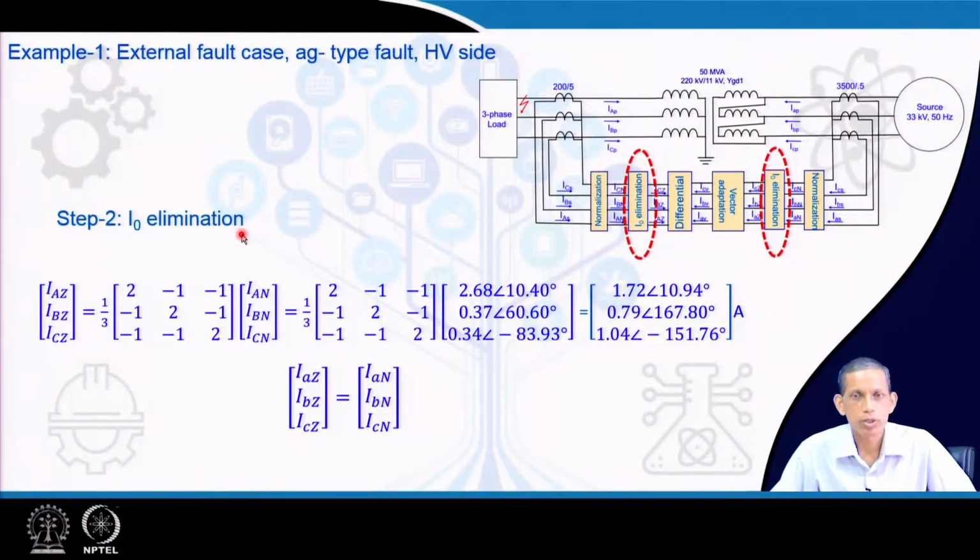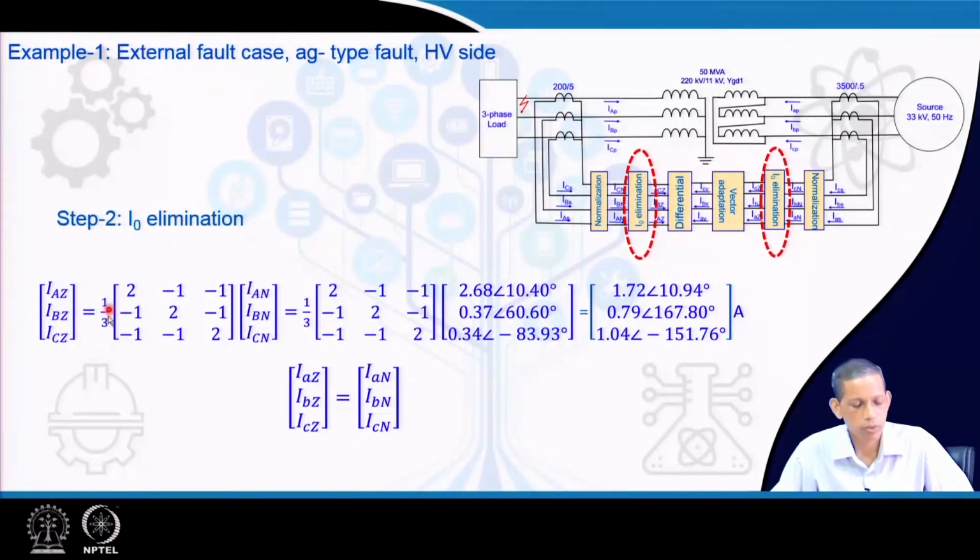The next step is zero sequence elimination. Straightforwardly, we see that the transformer's high voltage side is connected in star grounded, so zero sequence current will flow on this side, while no zero sequence current will flow on the delta side. In that case, zero sequence current has to be subtracted.